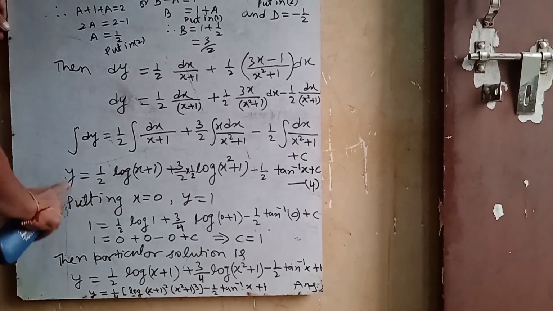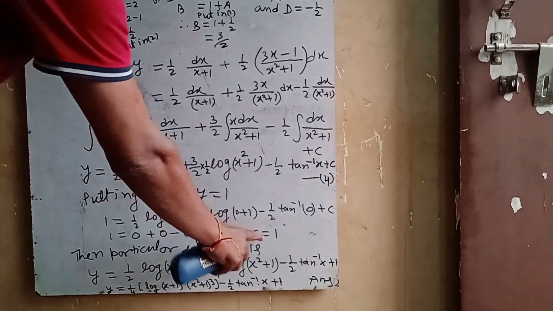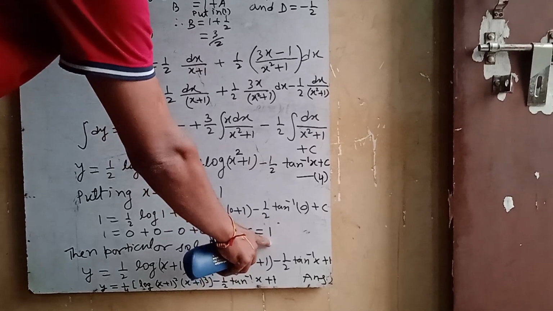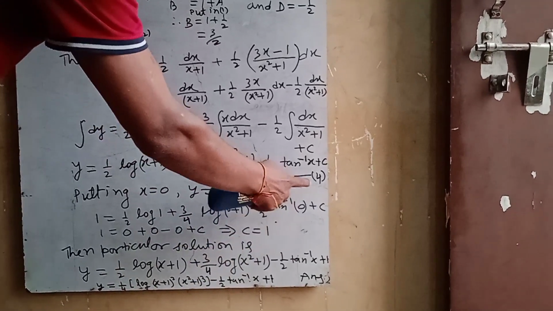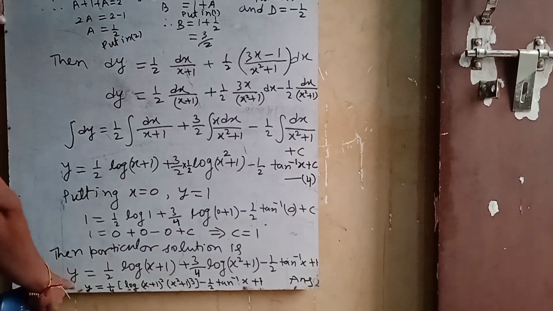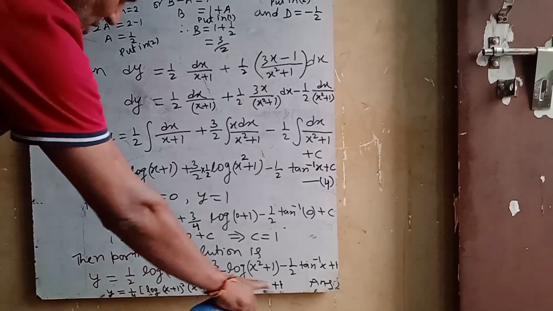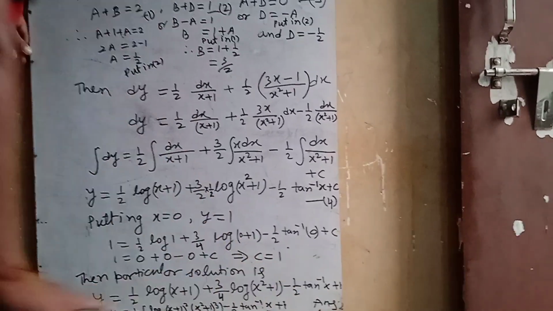So put y equals 1 and x equals 0. You will find that c equals 1. The value of c, when substituted in equation number 4, gives the particular solution of the given equation as follows, which is the answer.